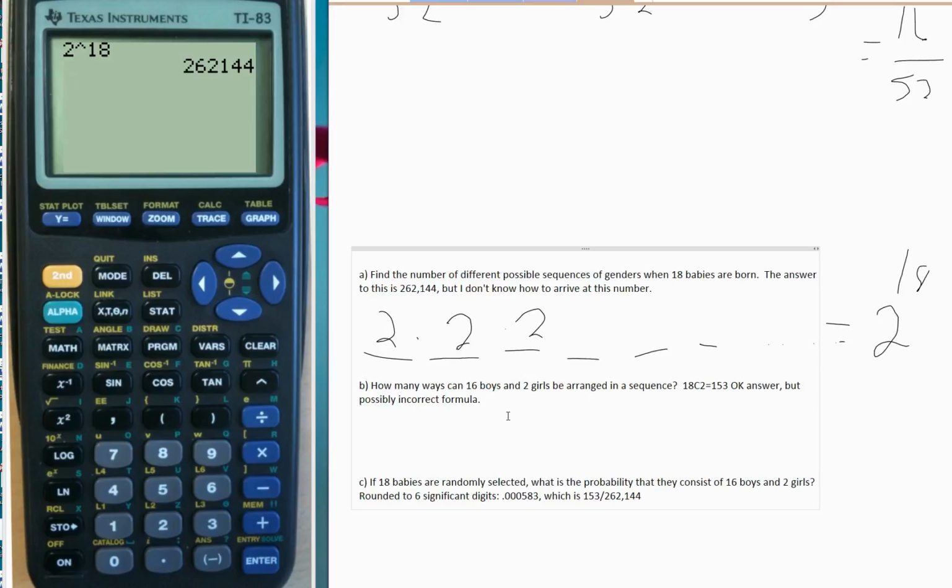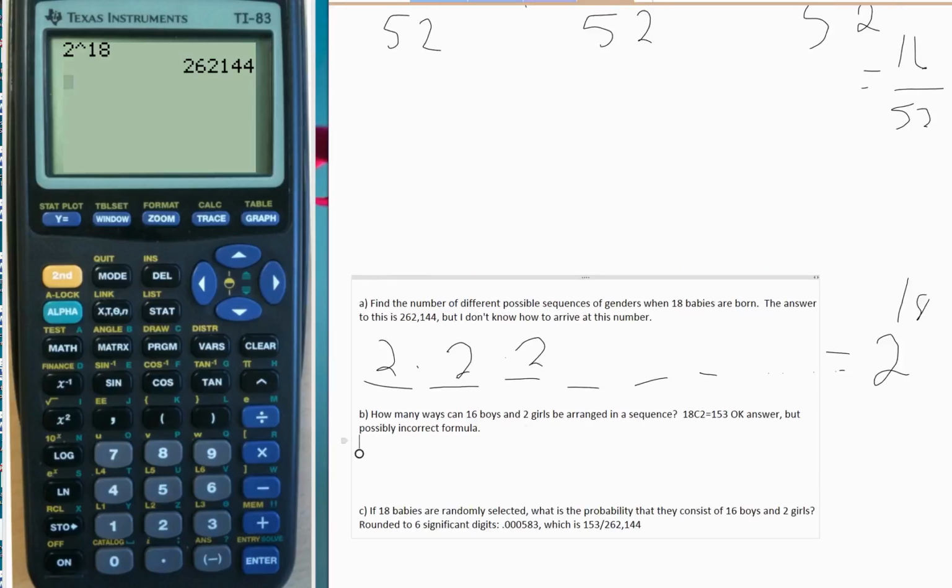So we can use that here. If we had 18 total kids, factorial, over, we're repeating boys 16 times, so we'd have 16 factorial, and then we have 2 girls, so we're repeating girls twice, 2 factorial.